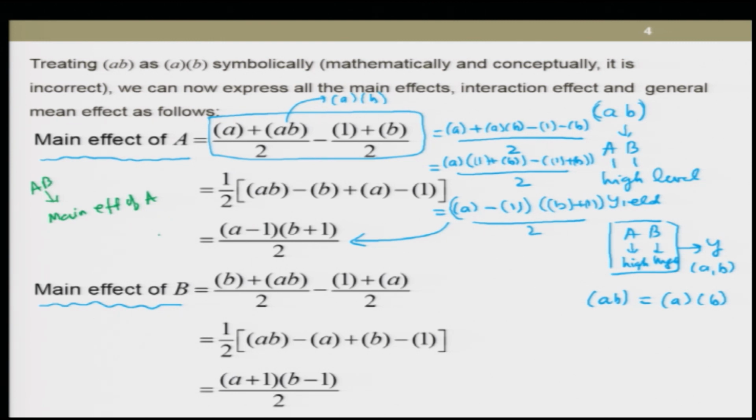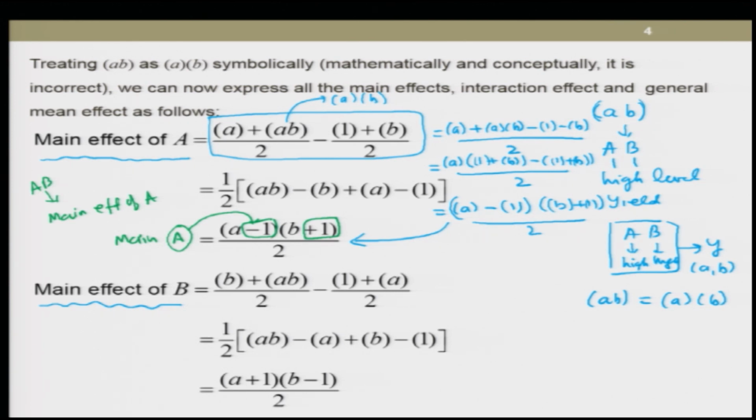So if I consider the main effect of a, then the symbol corresponding to a comes with minus 1, and for the factor b, this appears as a plus 1.